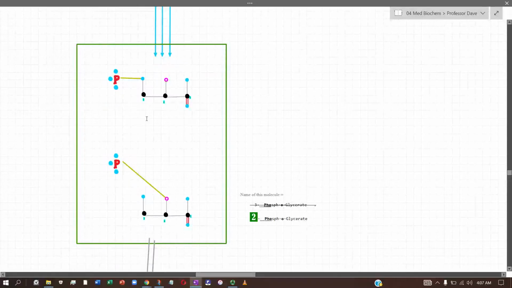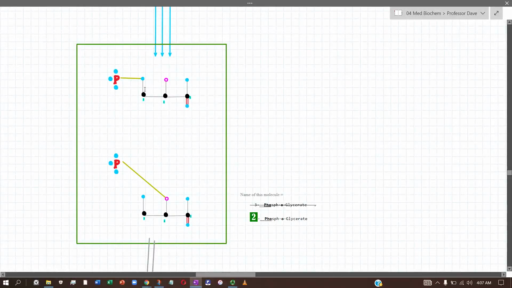Well, the phosphate, instead of being associated with this oxygen on carbon 3, now it's going to get associated with the oxygen on carbon 2. Cool. And again, this oxygen is still written as a purple circle because this way we can keep track of it.